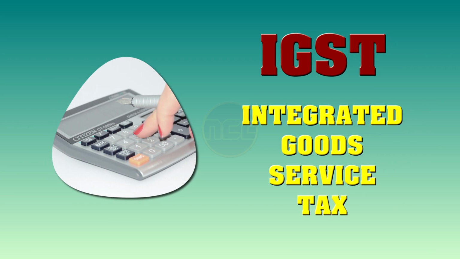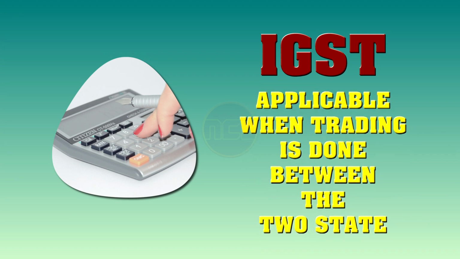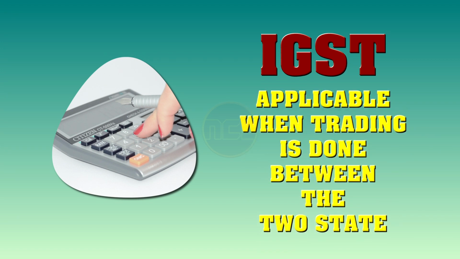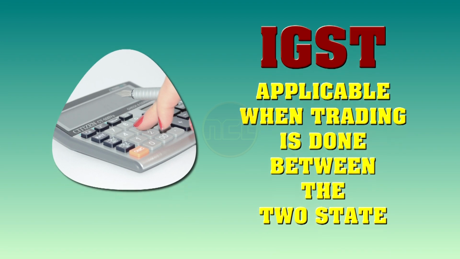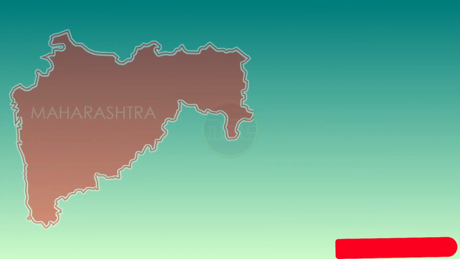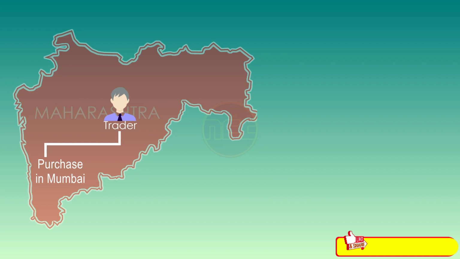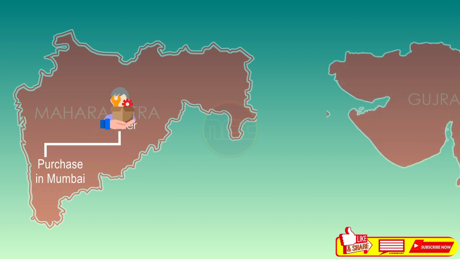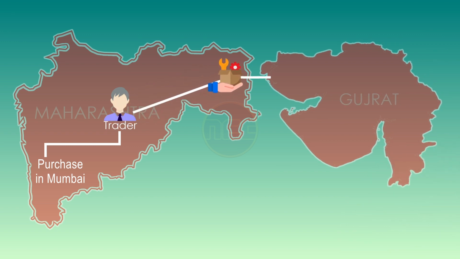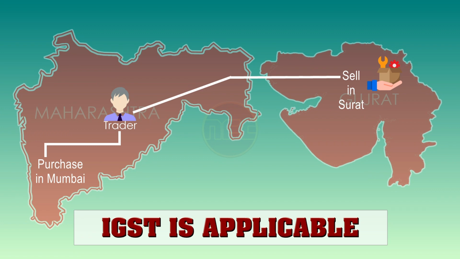It means Integrated Goods and Service Tax. IGST is applicable when trading is done between the two states. For example, if a trader purchases goods in Maharashtra and sells the same goods in Gujarat state, then IGST is applicable.